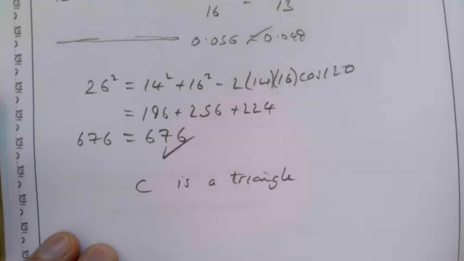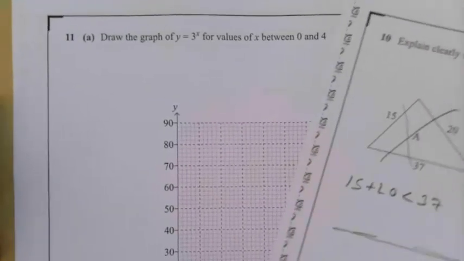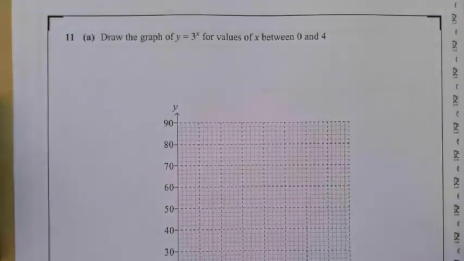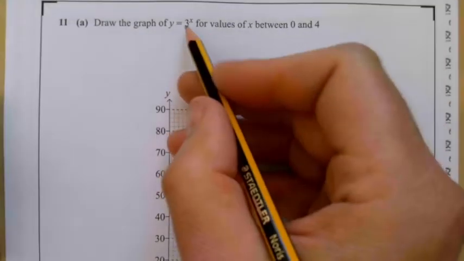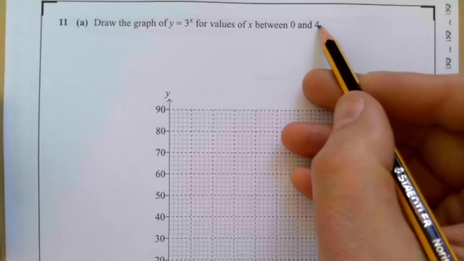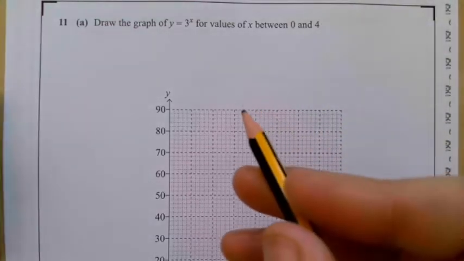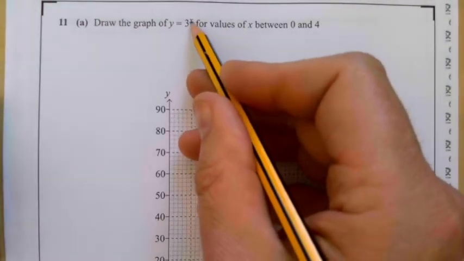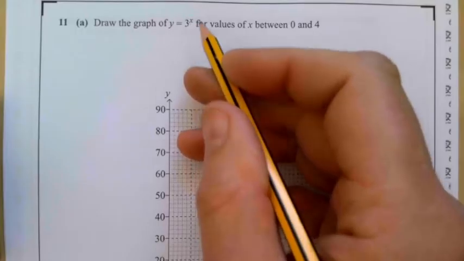So C is a triangle. Draw the graph for y equals 3 to the power of x for the values between 0 and 4. So if I sub in 3 to the power of 0, of course I get 1.